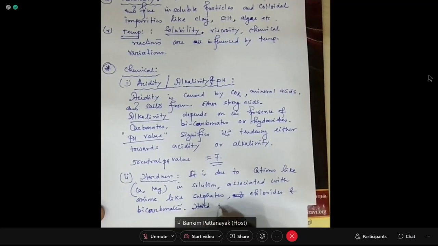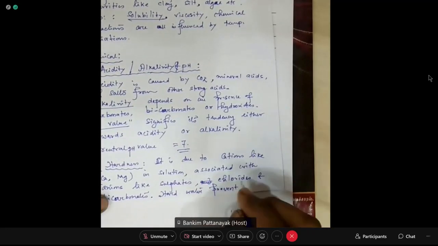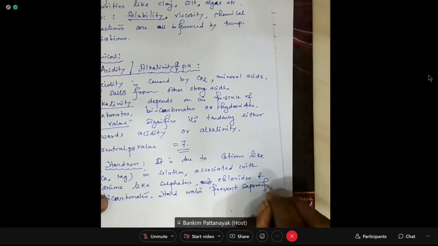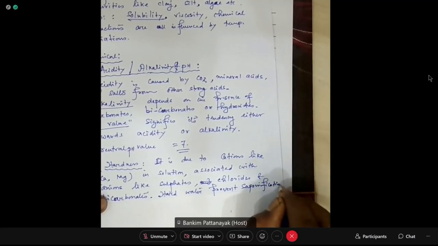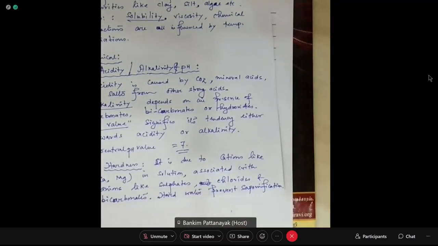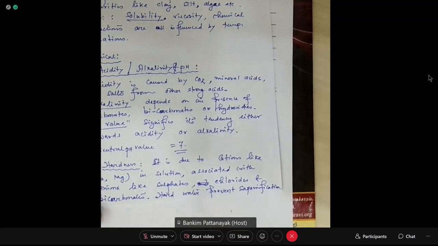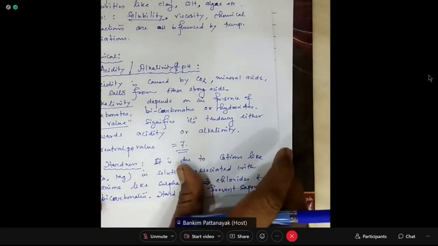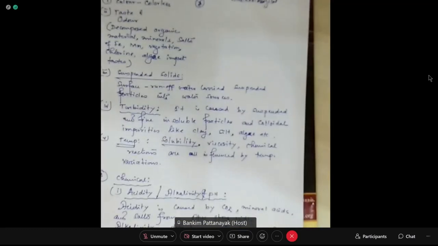Hard water prevents saponification. What is saponification? Basically, you can't get a lather, L-A-T-H-E-R. You can't form a foam because of the hardness of the water.